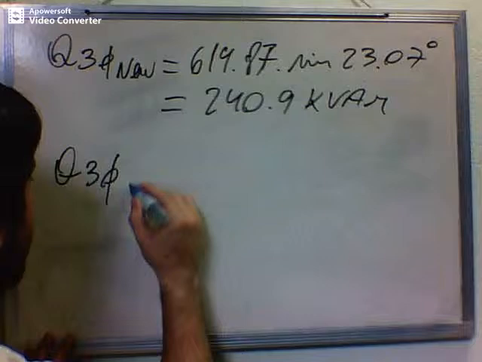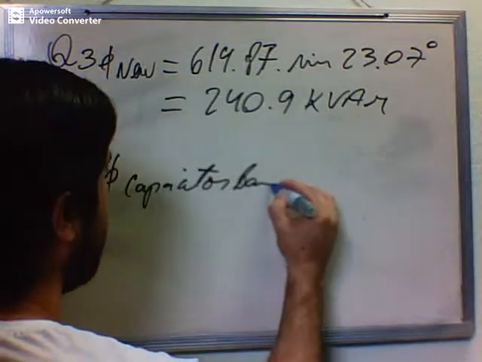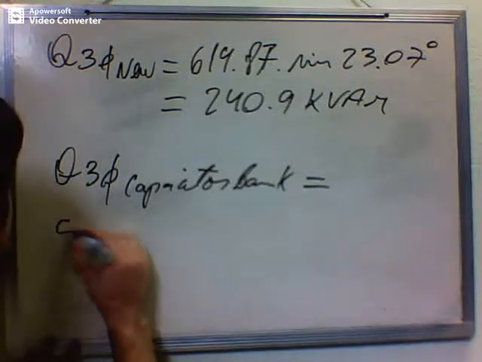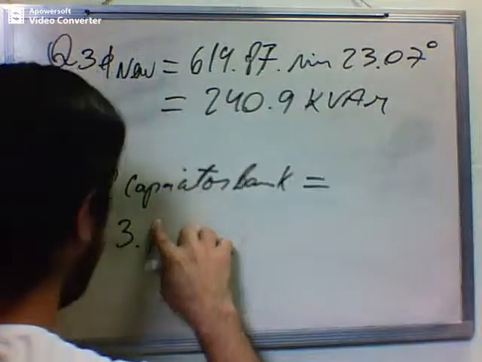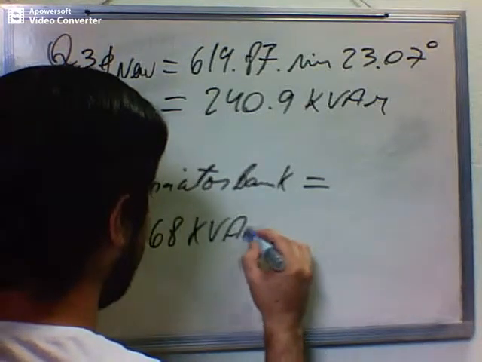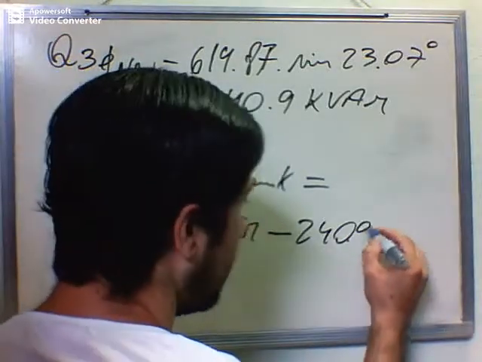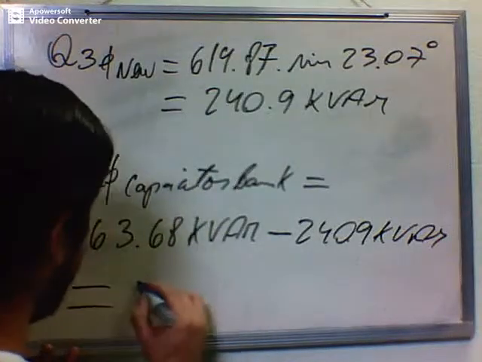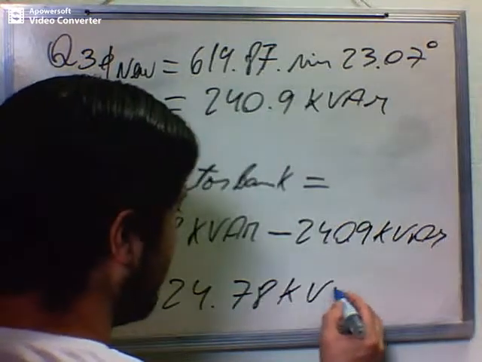Q three-phase of the capacitor bank is going to be the first reactive power, which is 565.68 kVAR, minus 240.9 kVAR, which is then equal to 324.78 kVAR.